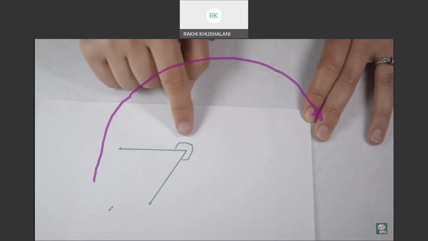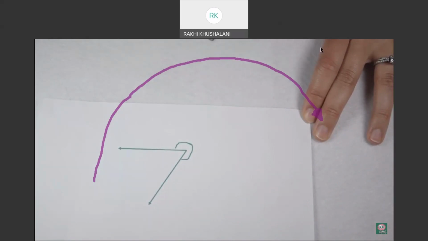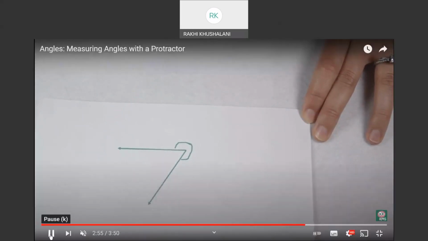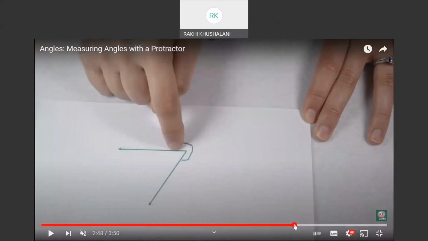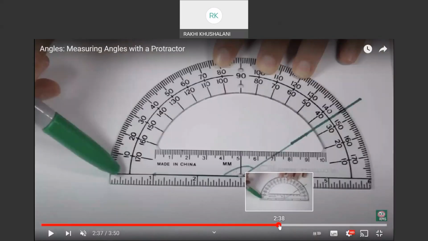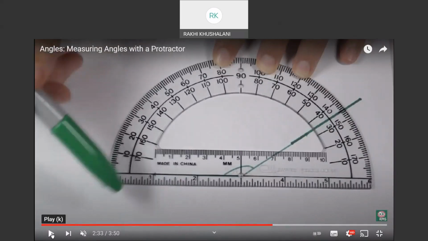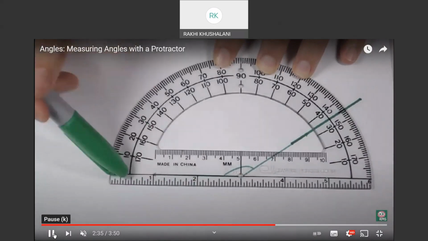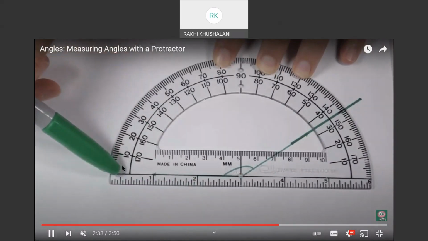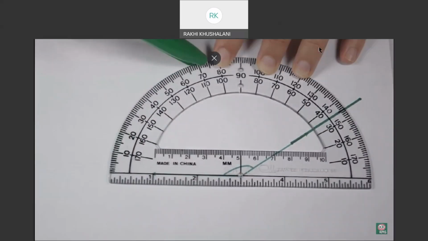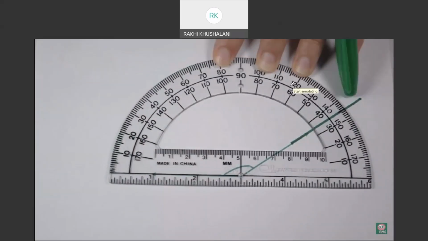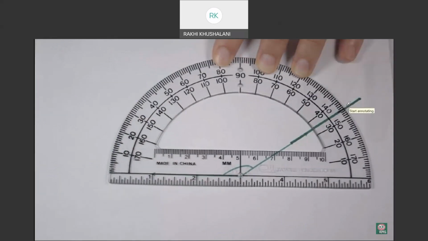I'll stop here because I don't want to confuse you all more. And rewind a bit. And here we go up to 145, is the measure of the angle.